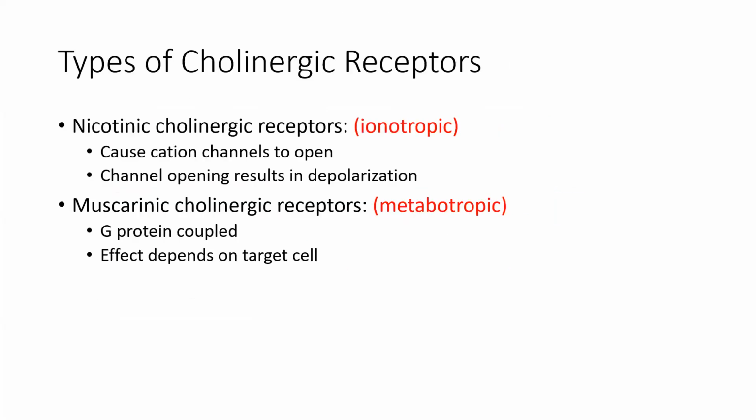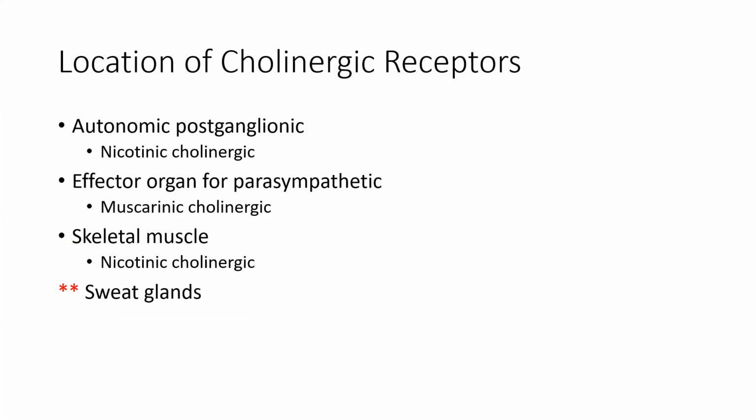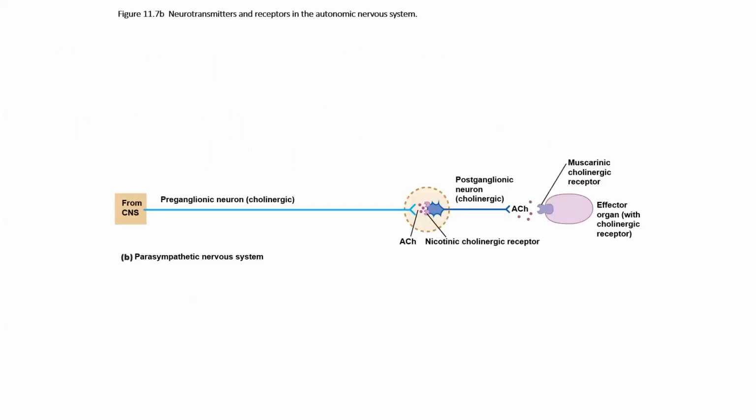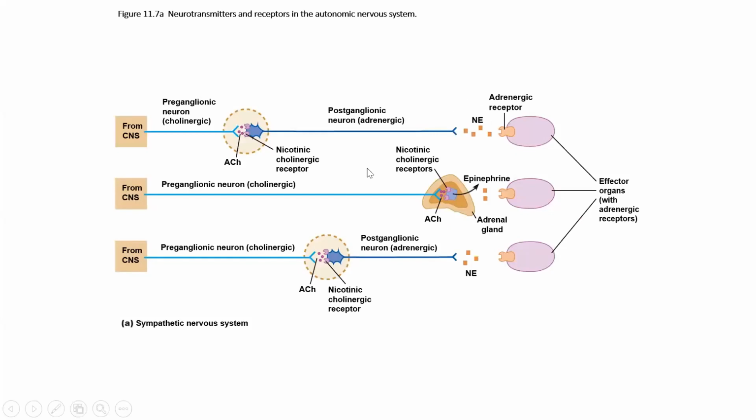So nicotinic, on the postganglionic neurons, because all the preganglionic neurons, whether sympathetic or parasympathetic, always release acetylcholine, we always have a cholinergic receptor on the postganglionic neuron, on the soma of that neuron. And let me jump back here to point that out. Because this neuron releases acetylcholine, this soma has to have a cholinergic receptor to bind that acetylcholine. It only makes sense, right?